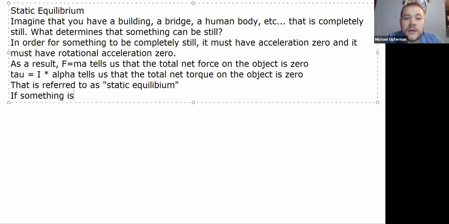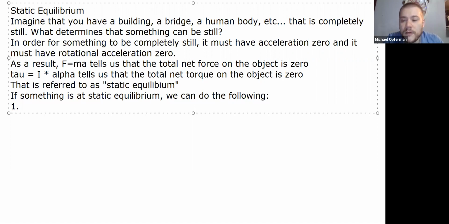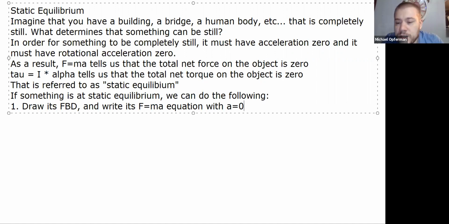So if something is at static equilibrium, we can do the following. Number one, draw its FBD, draw its free body diagram, and write its F equals ma equation with a equal to 0.